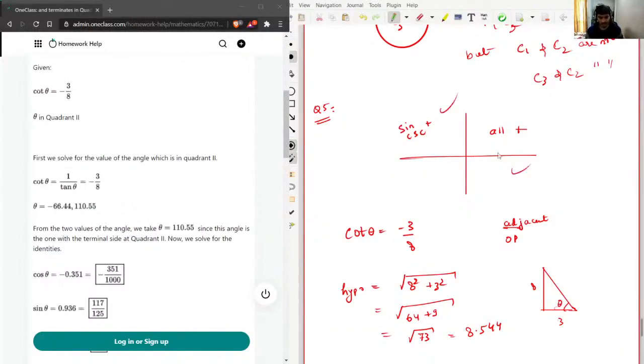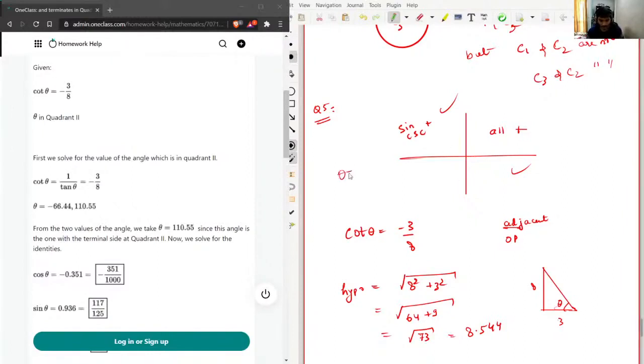So in these two quadrants cotangent is negative, and if we find the angles, we'll get two angles. One will lie in this one, and the other will lie in the fourth quadrant. But in the question it is given that the angle terminates in quadrant 2. That means the angle is in quadrant 2, so we'll take the angle which is 110.